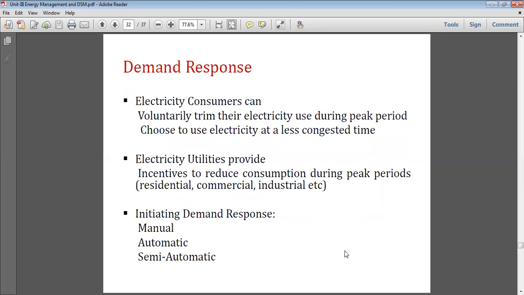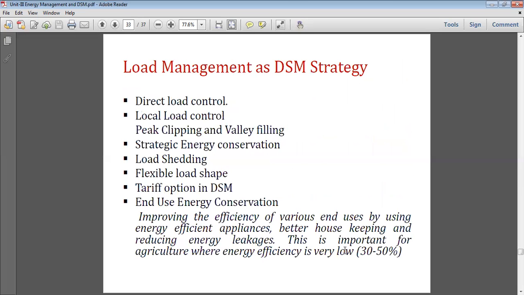At the same time, the methods of demand side management include direct load control, which is in the hand of the utility, where the utility directly controls the load from the supply side. From the local side, the consumer can do load control by peak clipping, valley filling, energy conservation, flexible load shape, and voluntary retirement.